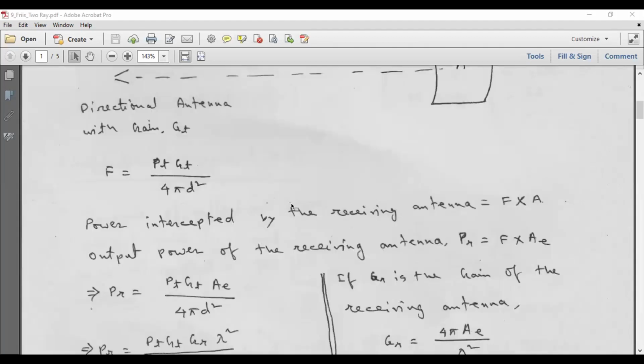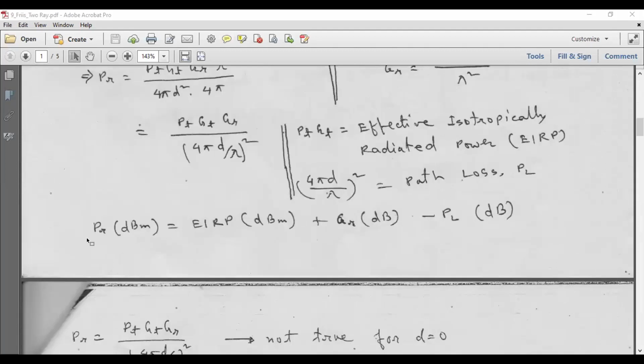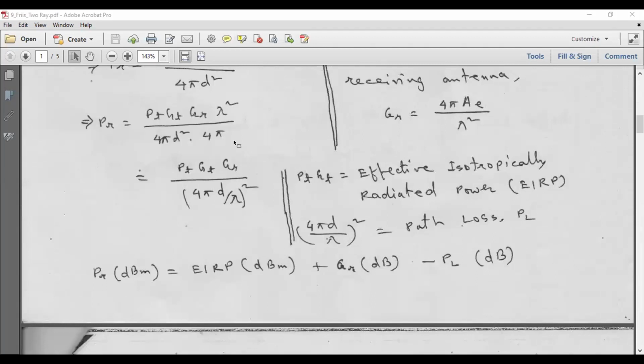At the end of this discussion, we will derive this one, which is the typical form of the equation in normal unit. Okay, but we can also show all of them in dB. I'll tell you the significance of dB.